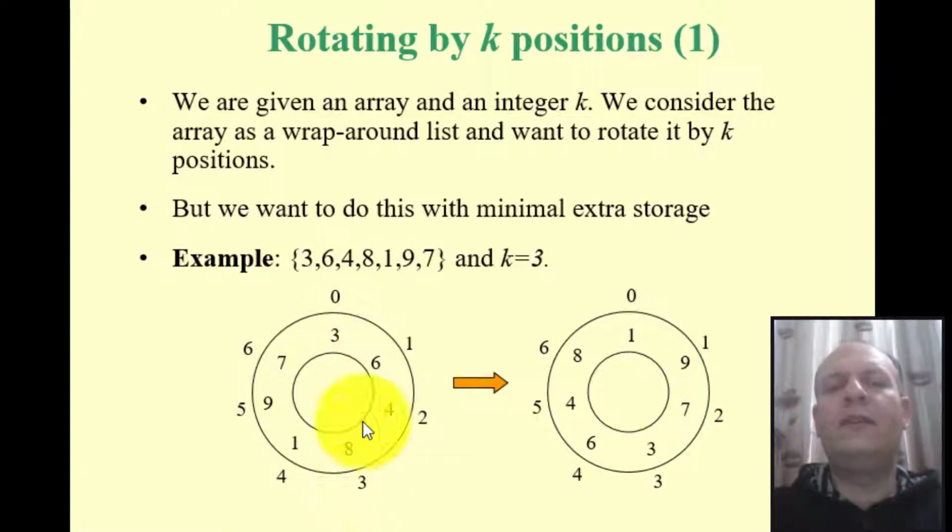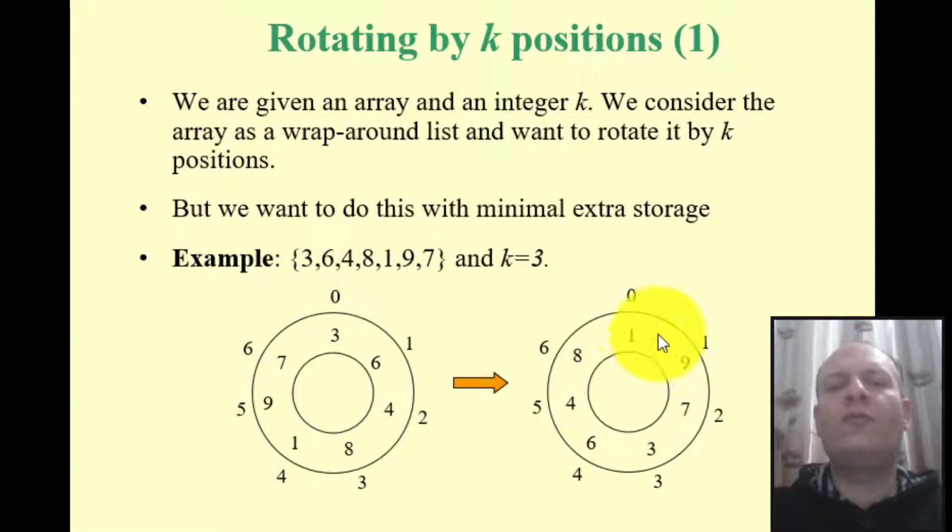3 will come here at position 3, 6 will come at position 4, 4 will come at position 5, 8 will come at position 6, and 1. So what about 1 now? When we move 1 3 positions to the right, look, 1, 2, and the third position will come to the first.